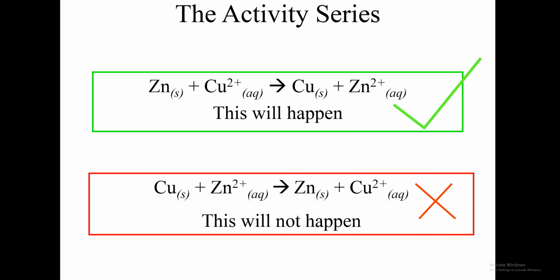How do we write activity series in a reaction? If I ask you to predict reactions, you're always going to want to react these elements and predict if there is going to be a reaction. Let's take a look at the first example: zinc, which is a solid, reacting with copper 2 ions in aqueous form.